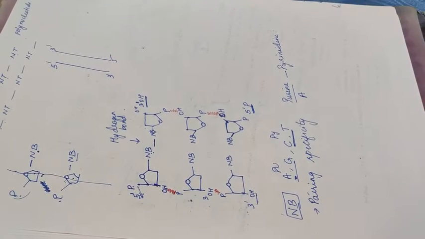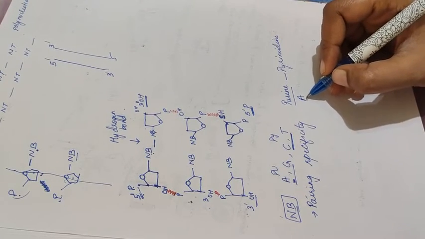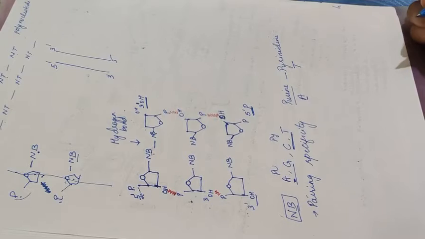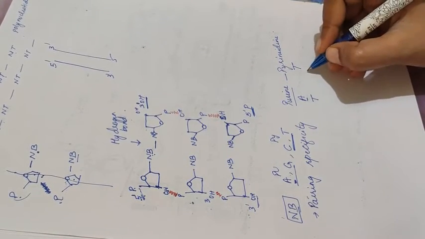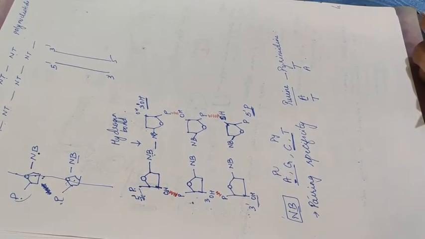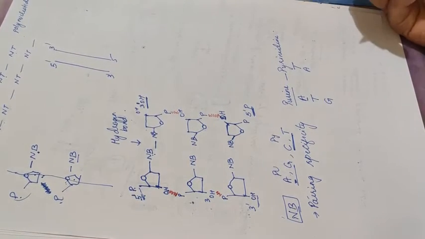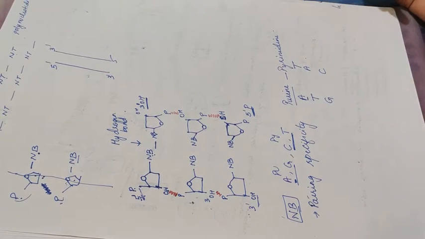They are so specific that if on one strand adenine is present, on the other side there is definitely a thymine. If one strand has thymine, on the other side it will have adenine. Similarly, if it is guanine, on the other side it will be cytosine.